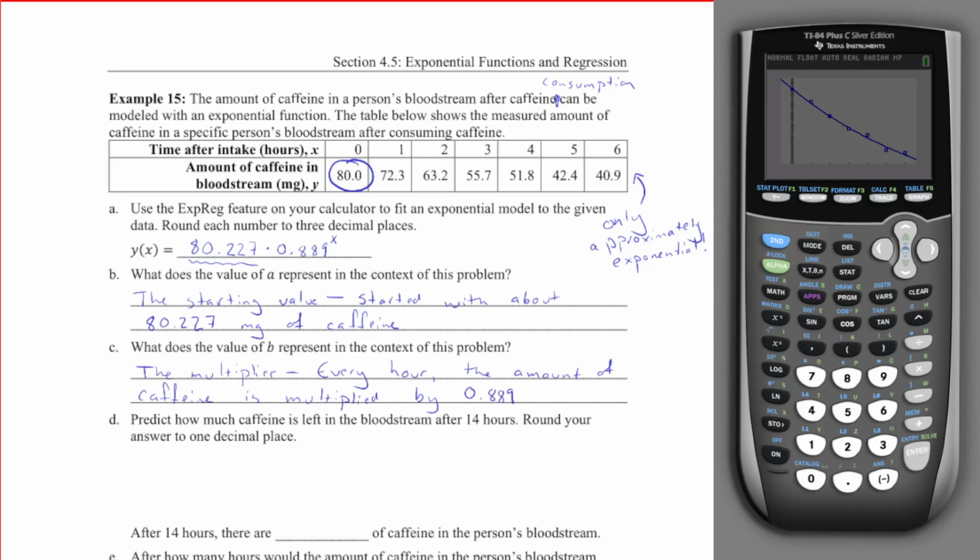Now, there is a more natural way to describe this that we're going to meet in just a couple minutes. It's much more natural to describe this in terms of a percent increase or percent decrease, but that requires an extra calculation.